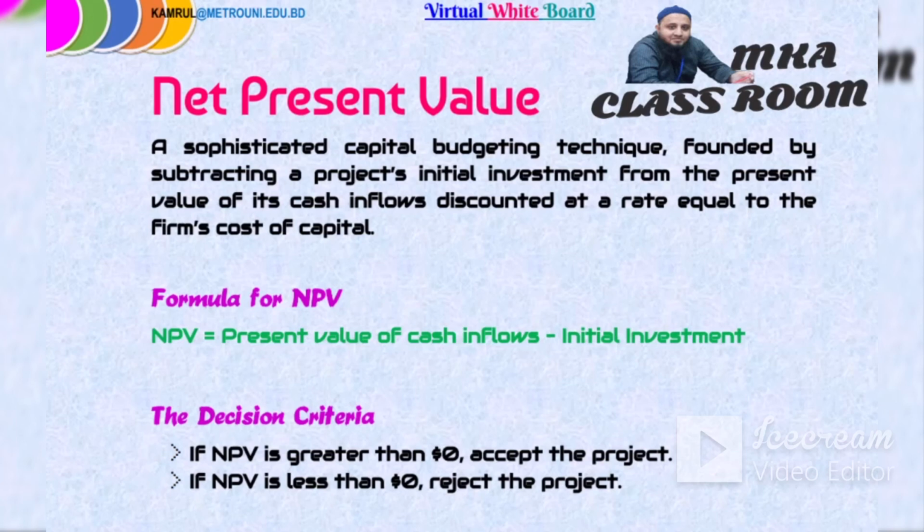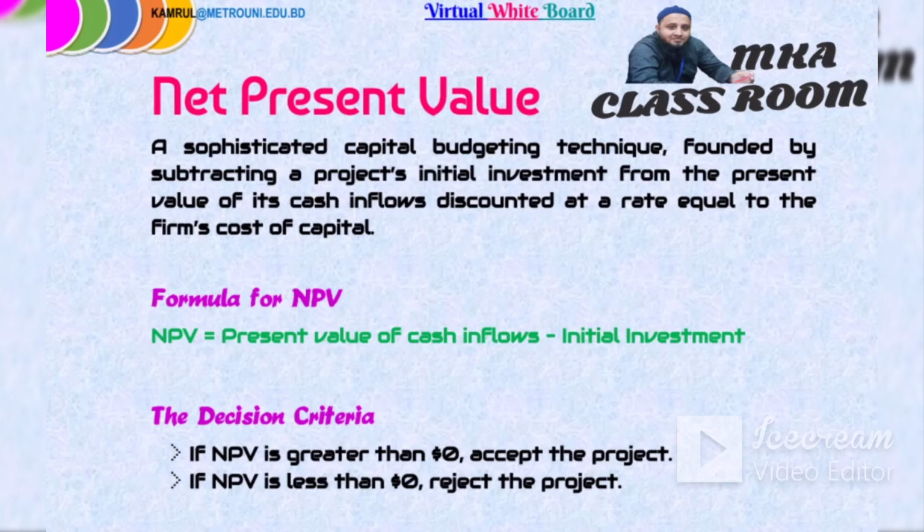It can be found by subtracting a project's initial investment from the present value of its cash inflows, discounted at a rate equal to the firm's cost of capital. Then we can find net present value.